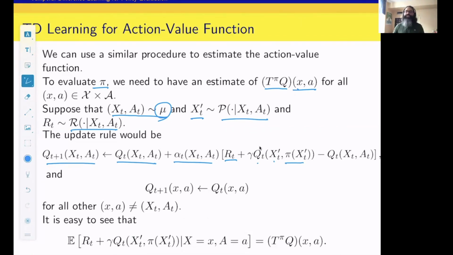This is the case where the policy is deterministic, so I write it as a function, minus Q_t at x_t, a_t.